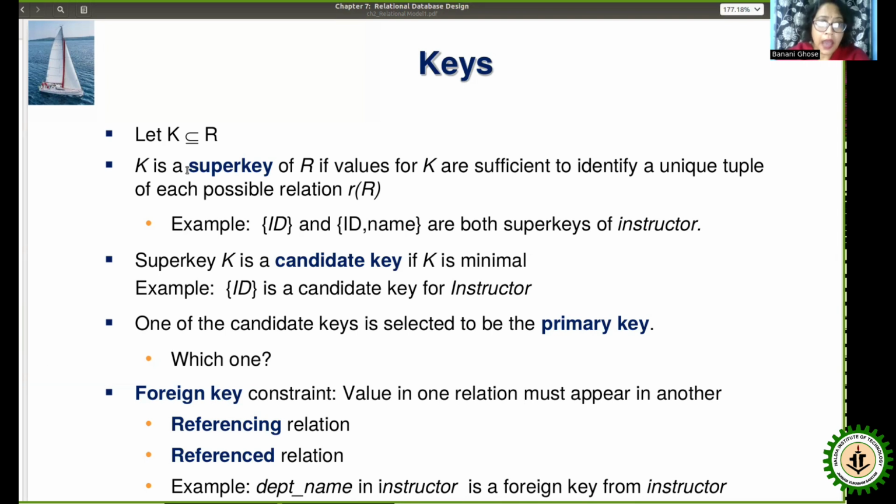Now, let K be a subset of R. So, K is a super key of R if values of K are sufficient to identify a unique tuple of each possible relation r of R. Example, ID and ID, name together are both super keys of the instructor.